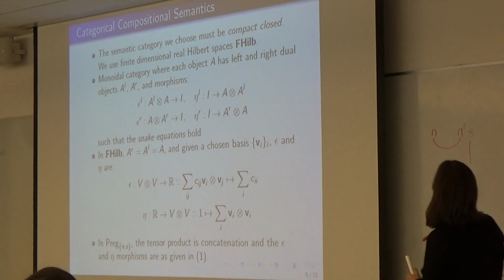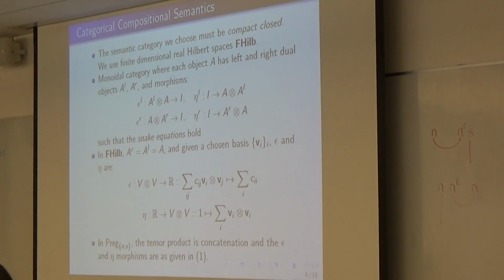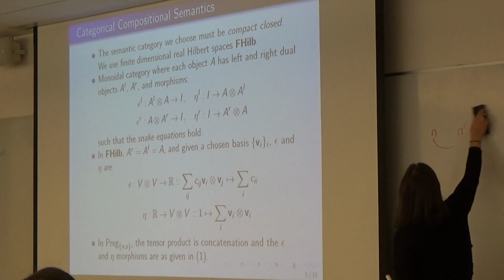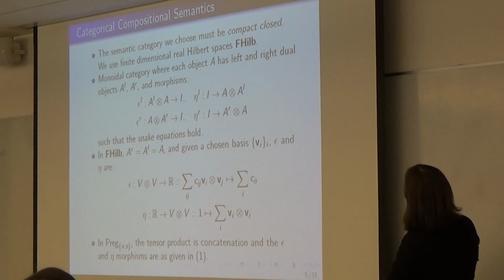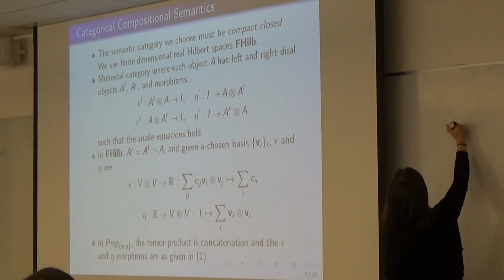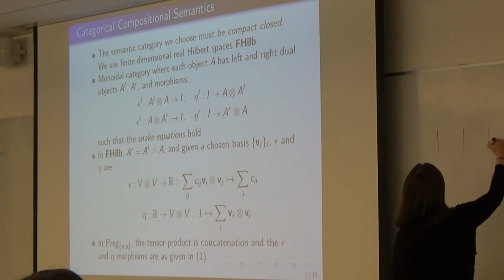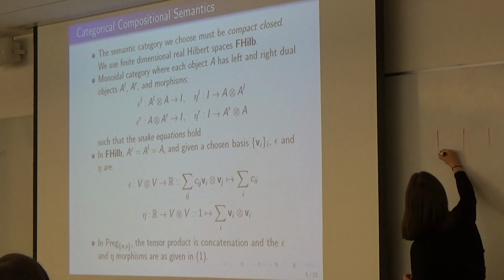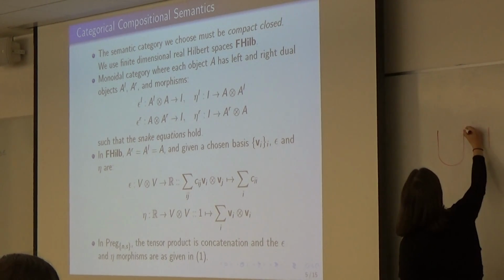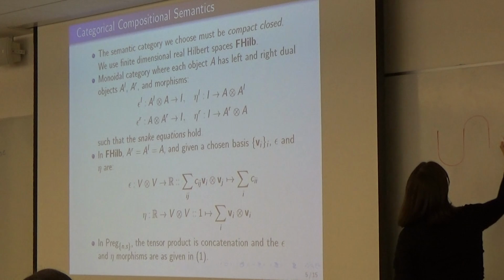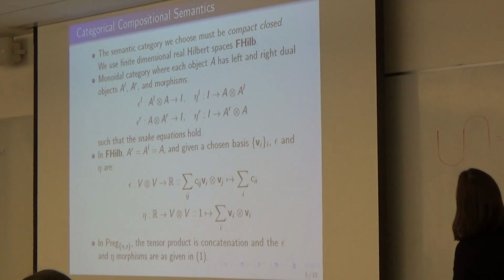The snake equations are equations which say that if you have three types and connect them with a cup and a cap, then that's equal to the identity, and then also equals, I've got to do it the right way around, yes.